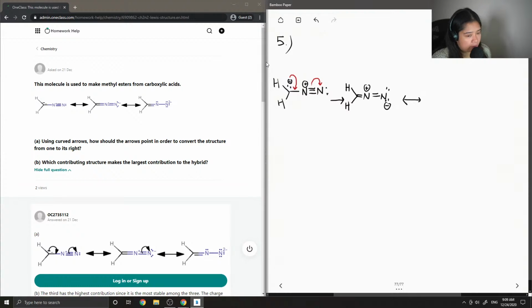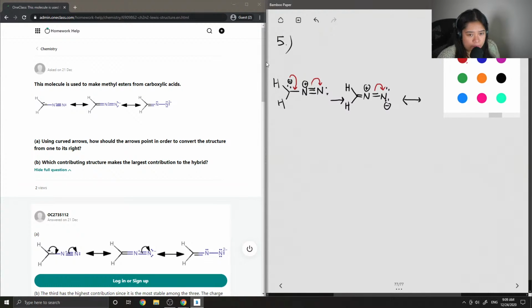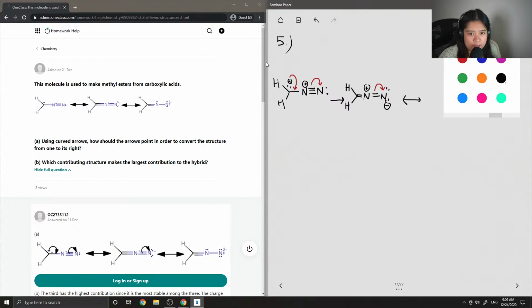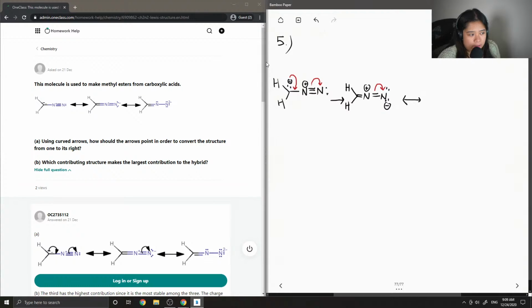Okay, so now one of the double bonds from here comes in and gives the second nitrogen another negative charge, so that it becomes 2-.